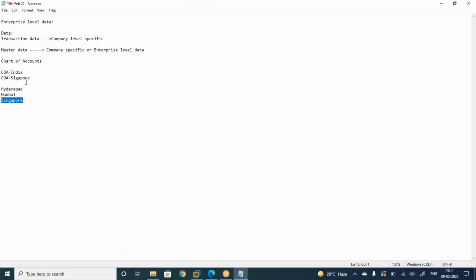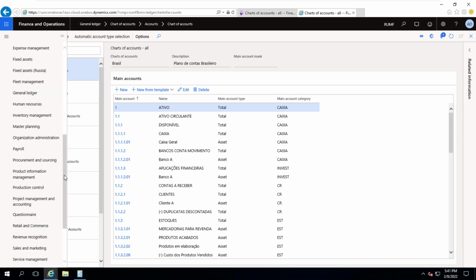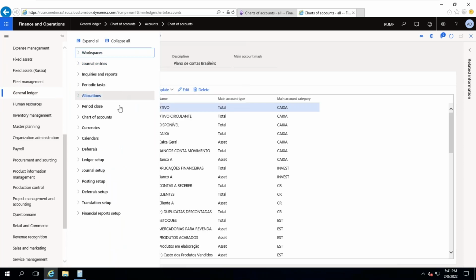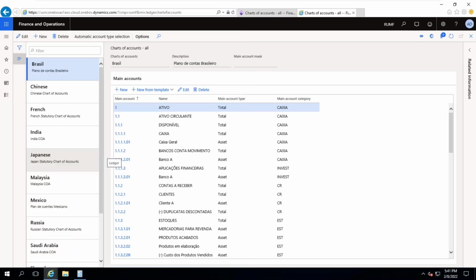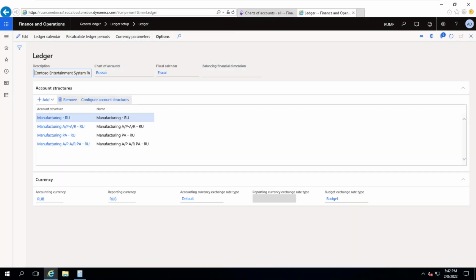Where can we map this? Once a chart of accounts is created, with a chart of accounts and name, it is simple to create. Once it is created, in the ledger setup, whatever chart of accounts you are mapping belongs to this company.